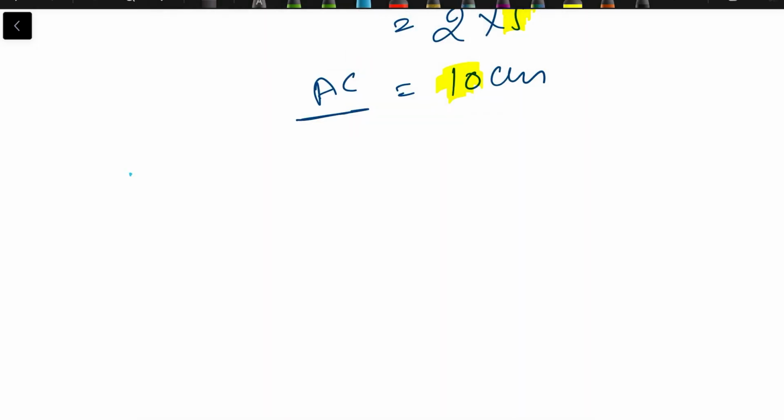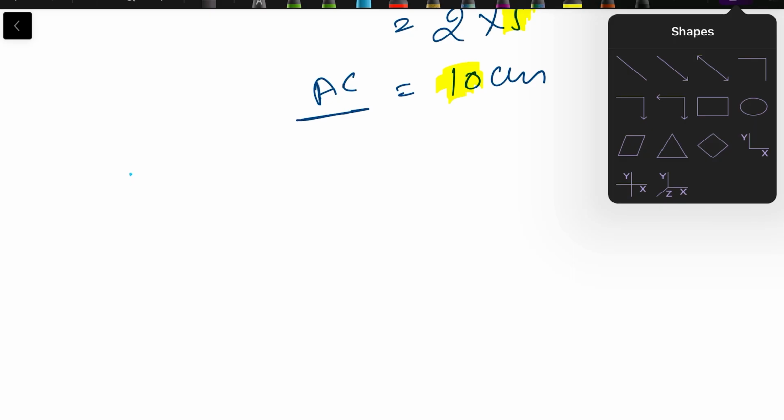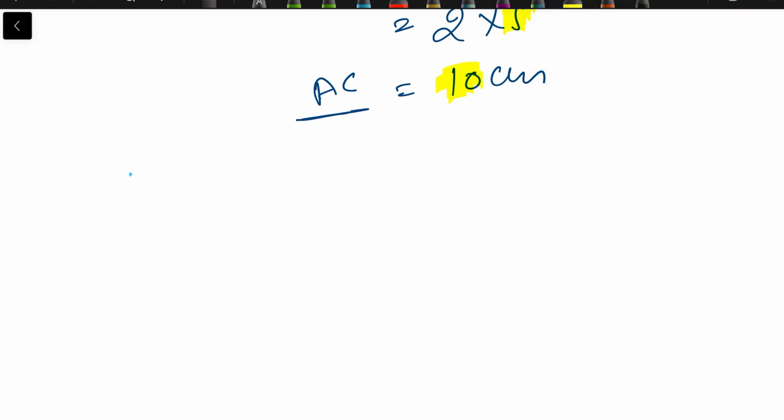Let's discuss another point: parallel lines and intersecting lines. So let's have a parallel line. What is a parallel line and what is an intersecting line? I have a line, this is one line, and I have another line, this one.